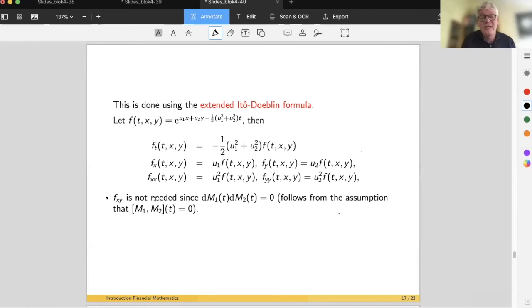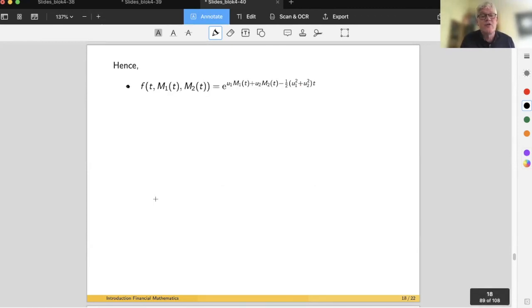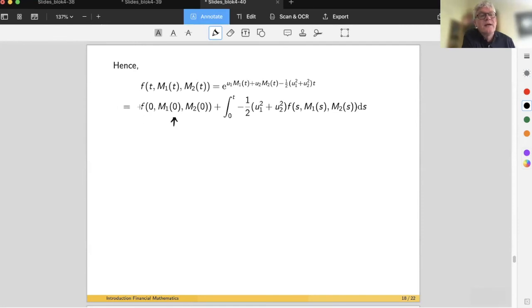So that one need not be written down in our extended Ito-Doeblin formula. All right, this is our f. For x, we substitute M1, and for y, we substitute M2. Then f(0, M1(0), M2(0)) is again equal to 1.